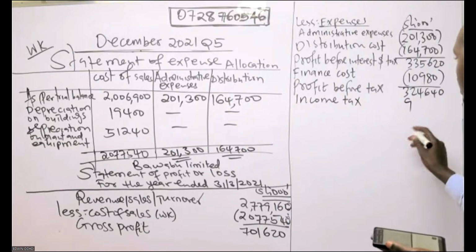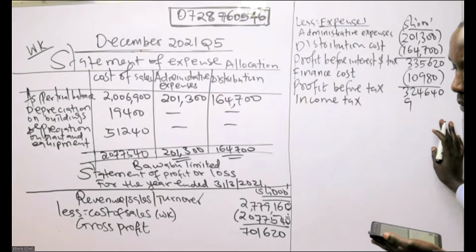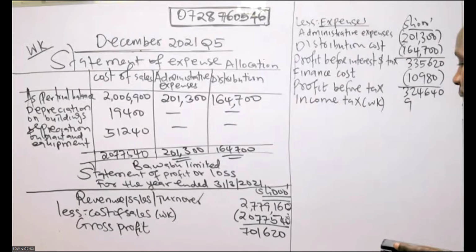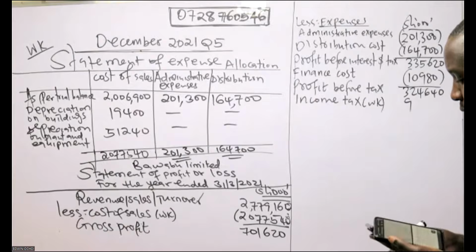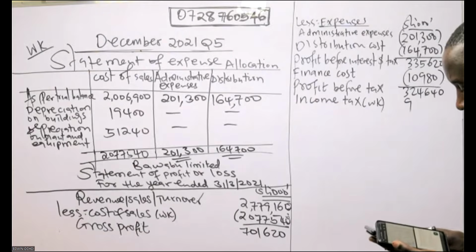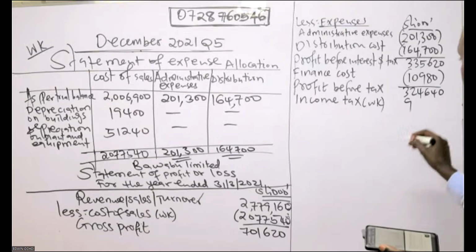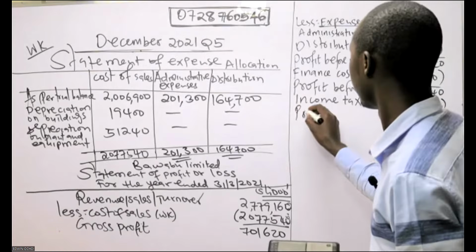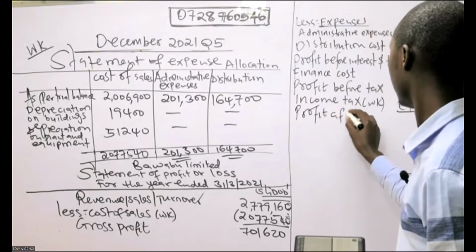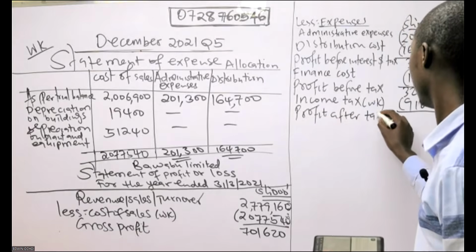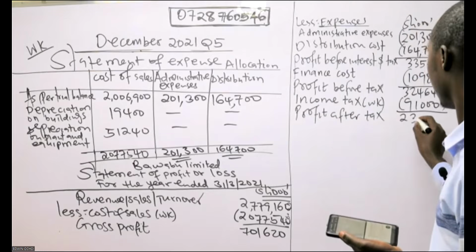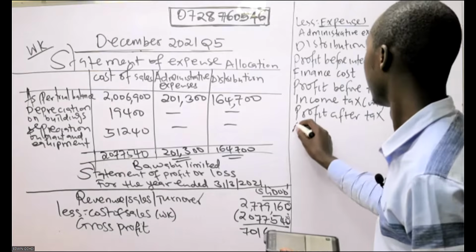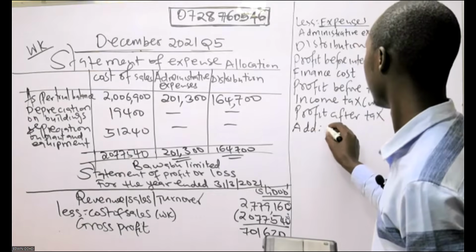So income tax, it was 91,000. We did our working. So profit after tax is 233,640. Then add other comprehensive incomes.